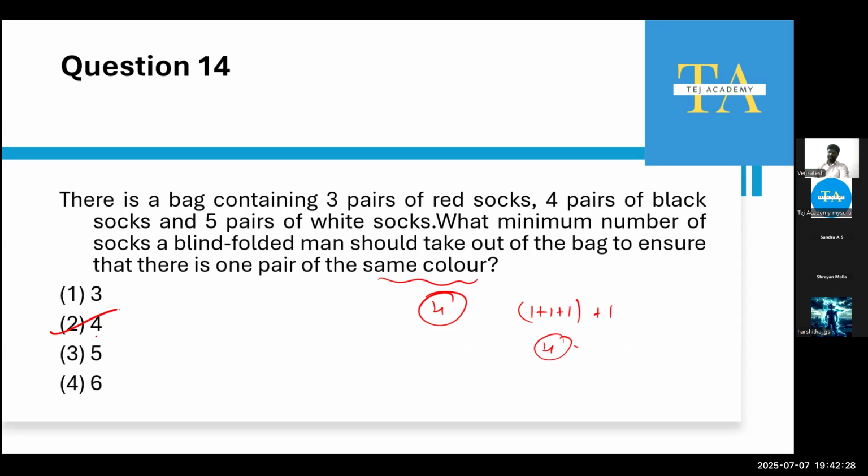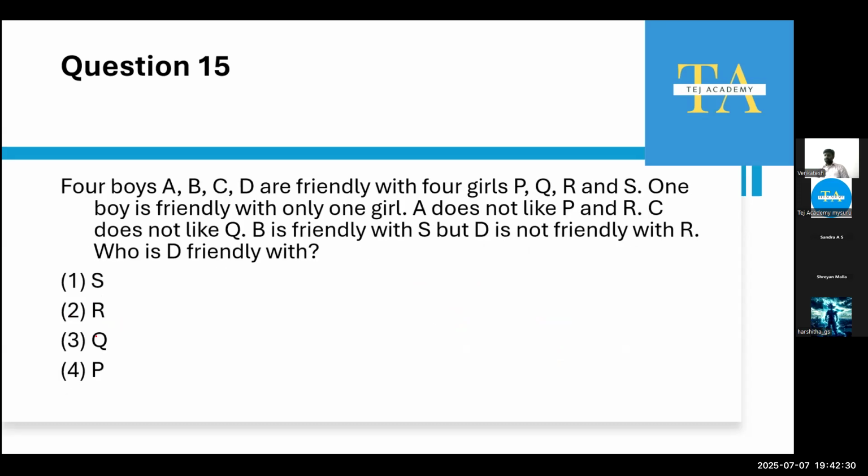So next one, the 15th question. Question number 15. 4 boys are there. So A, B, C, D are friendly with the 4 girls P, Q, R, and S. One boy is friendly with one girl.